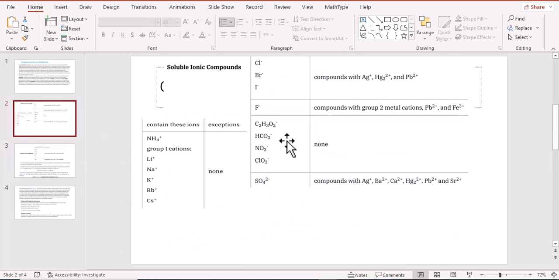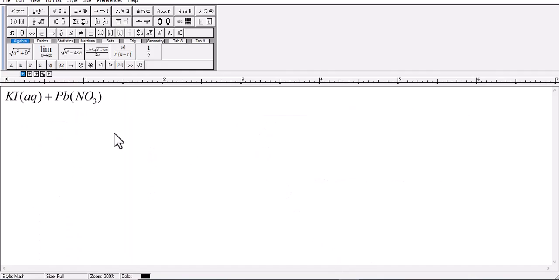It's not in here. It has to be, yes, NO3 minus. It's always a minus. So let's check in here. If I have a PB and it is in group 14, therefore how many NO3s will I need? I will need 2 of them.